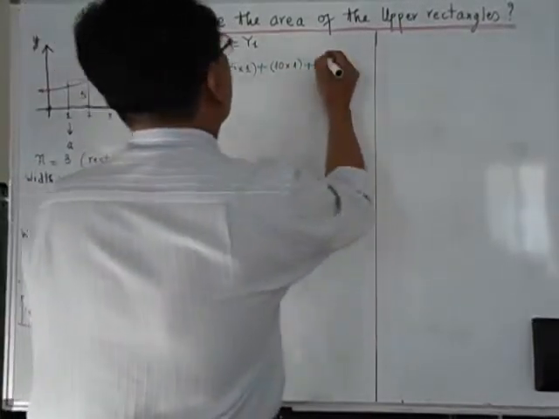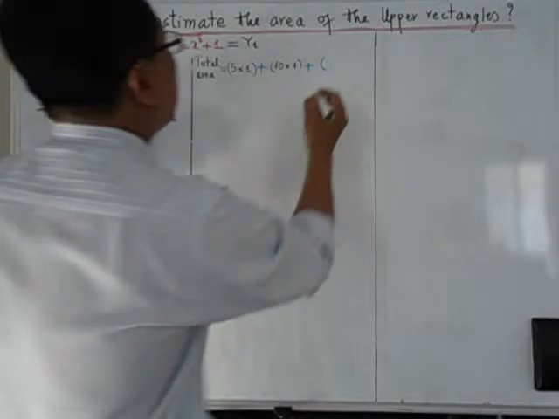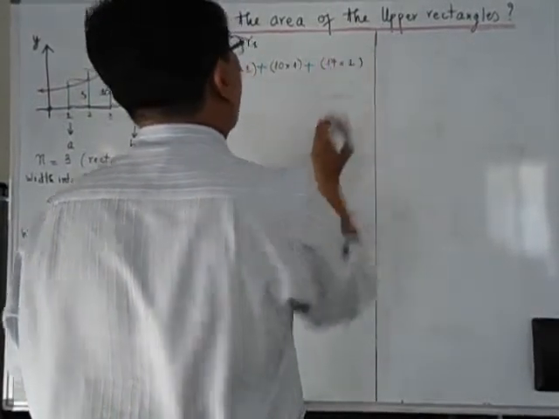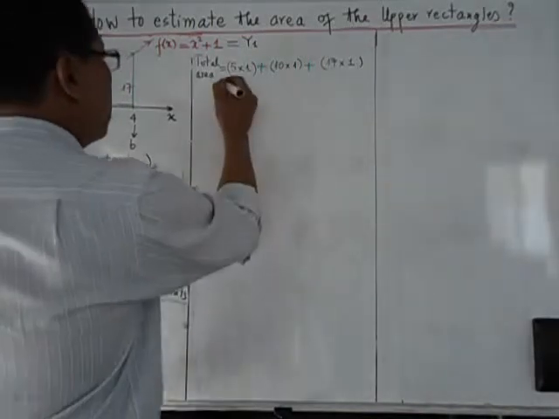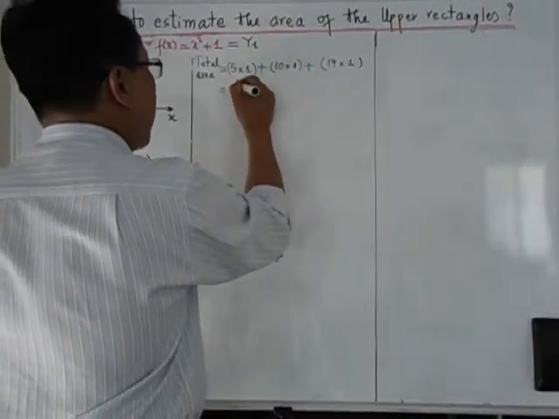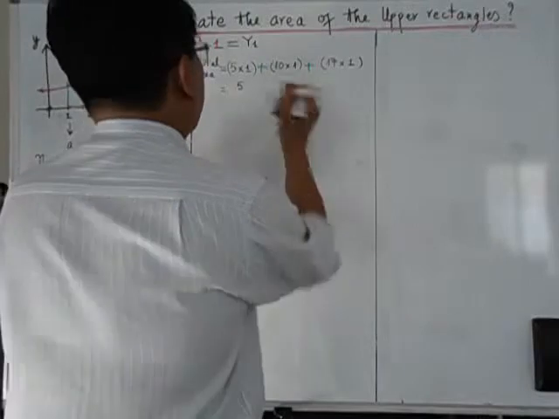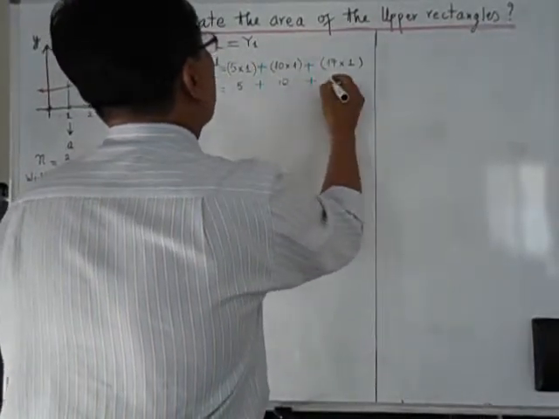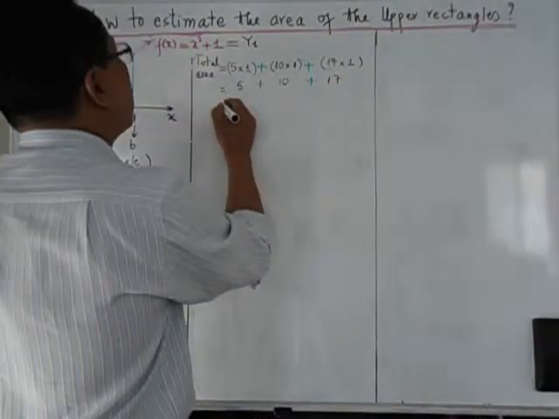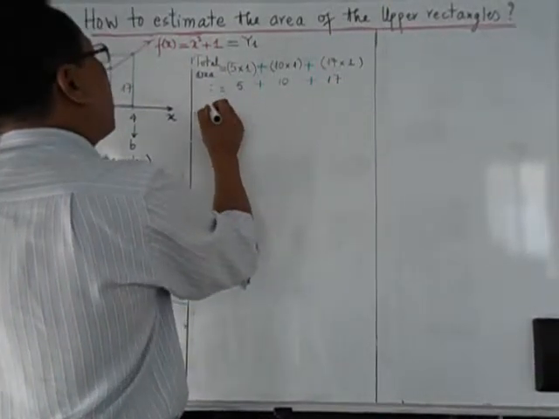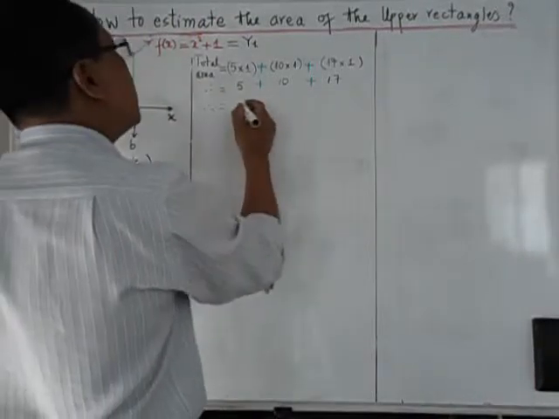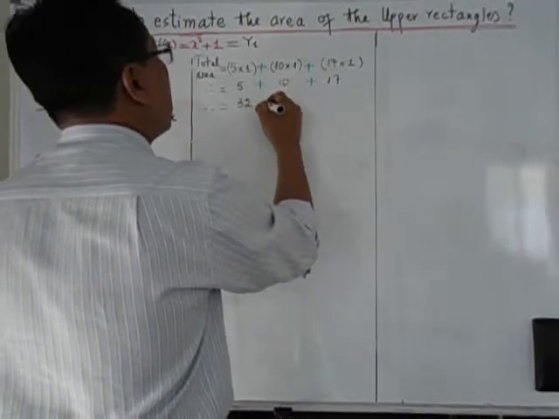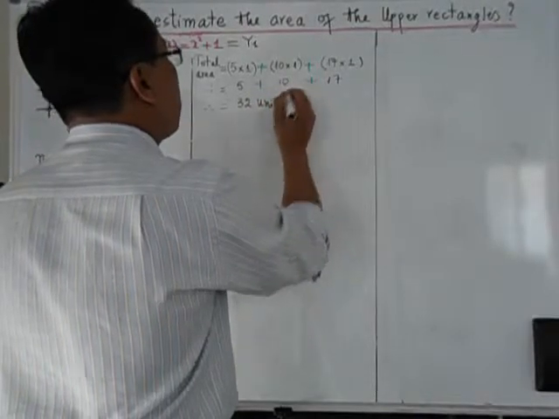And plus 17 times 1 unit in length. So therefore, it equals 5 plus 10 plus 17. Therefore, the total area of this region is 32 unit power 2.